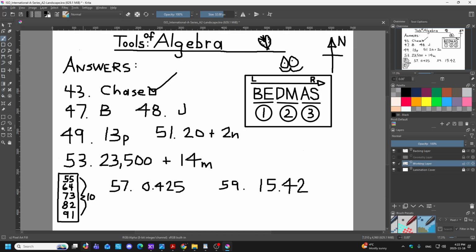Okay, and 61. It's a mixed fraction, okay? All right, I recommend you turn your fractions into improper. So the one that has 2 5/7, I'll just quickly show you.